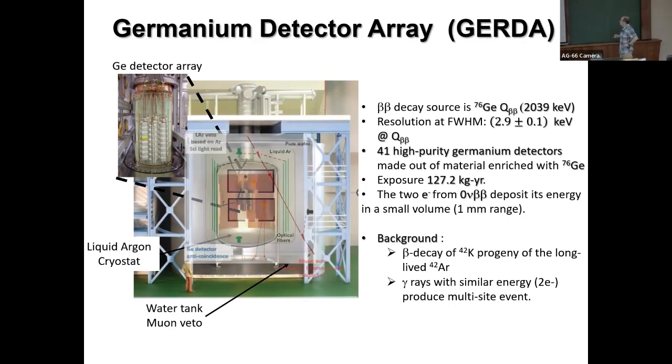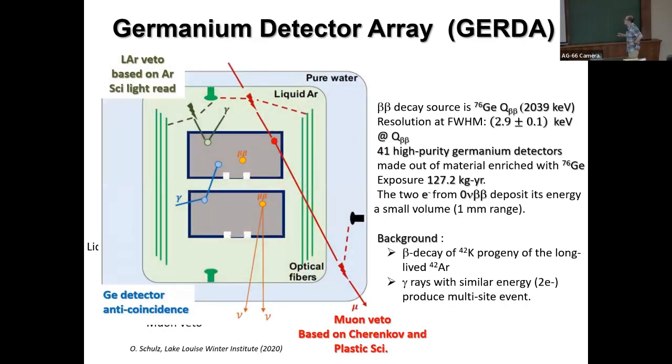Something interesting to see is how they do the elimination of background. We have the muon veto. Here they have optical fibers and scintillators surrounding the detector, and also photomultipliers outside. The combination of the light generated in the liquid argon and captured by these optical fibers and photomultipliers can give you a discriminator for muons, and the same for the argon isotopes that are decaying within the liquid argon.